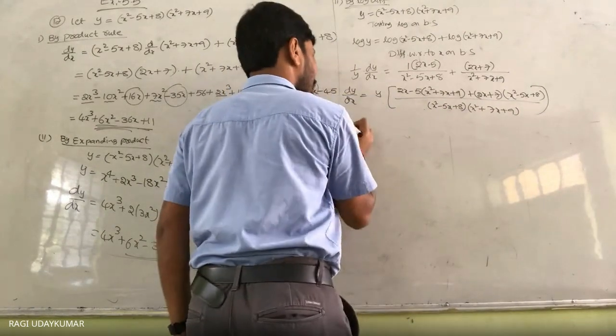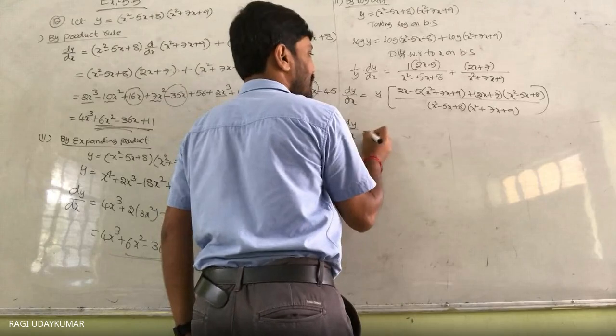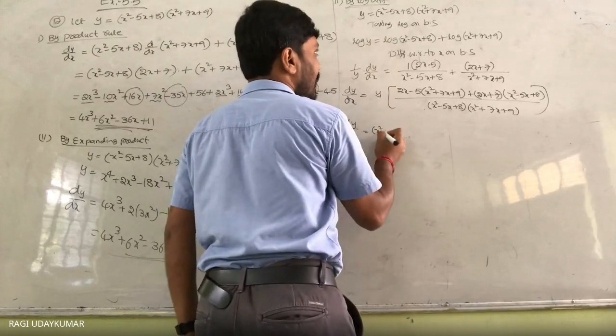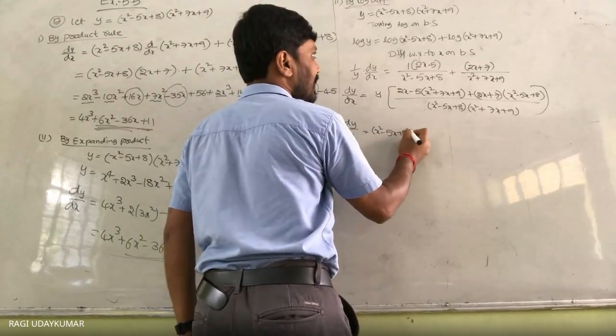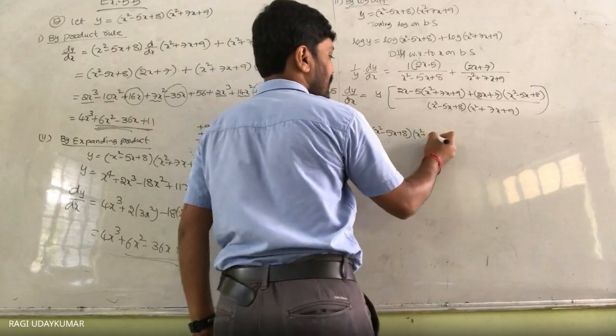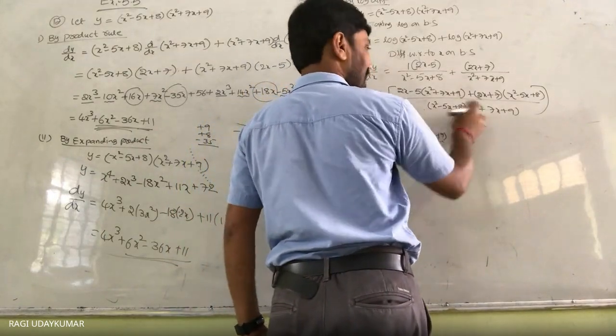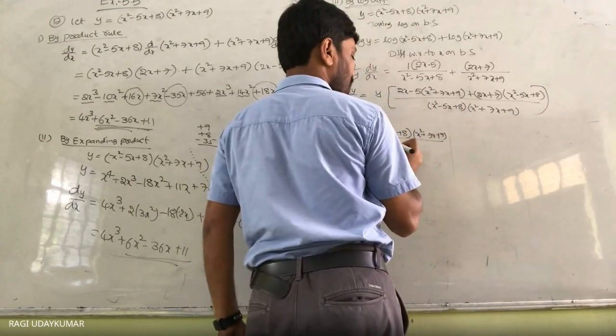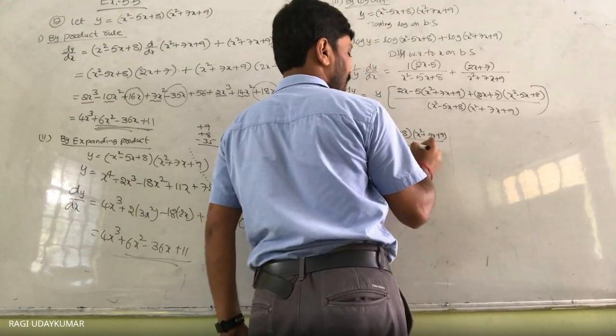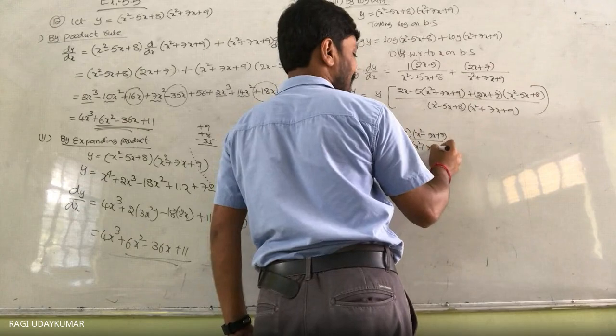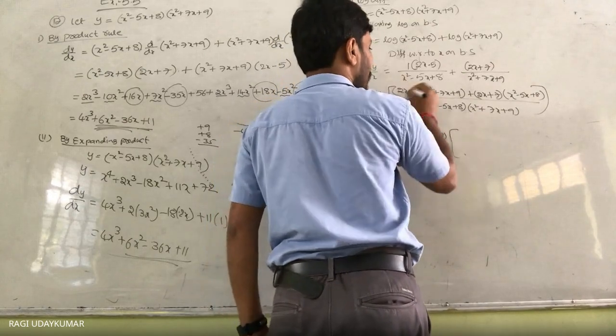So in the next step, you can write dy by dx equal to y, replacing x square minus 5x plus 8 into x square plus 7x plus 9, into the brackets this one.